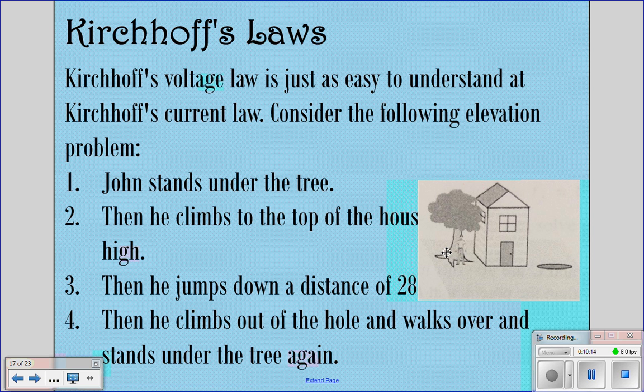It says since vertical distances in a gravitational field are conceptually the same as voltage differences in an electric field, his voltage law is the exact same concept as what's demonstrated in this problem. Okay?